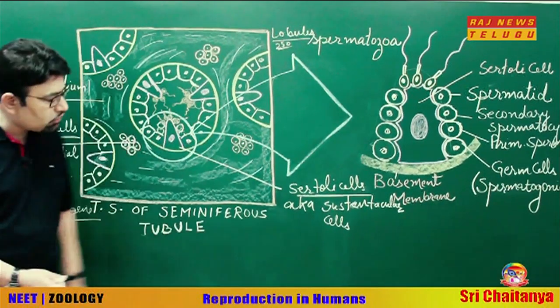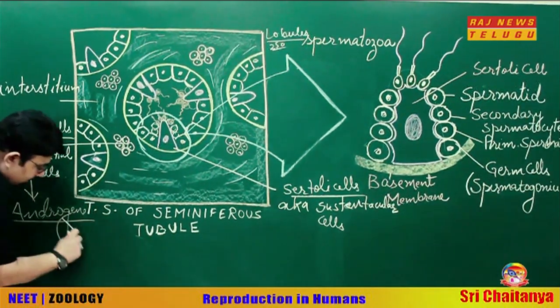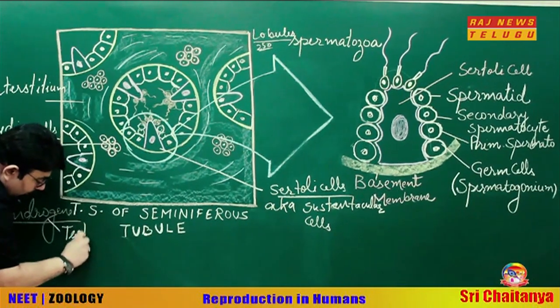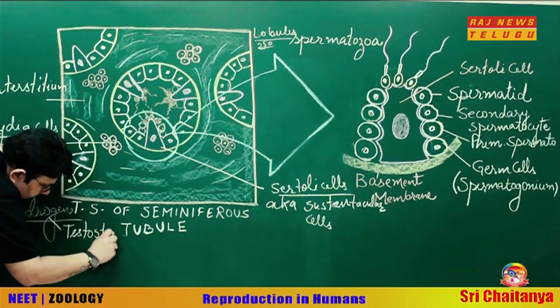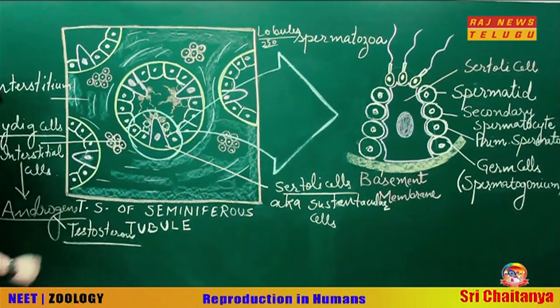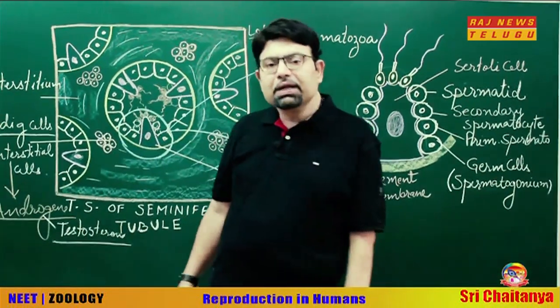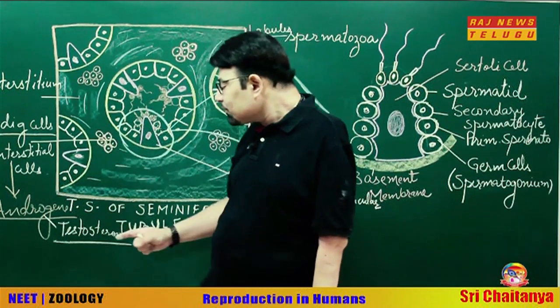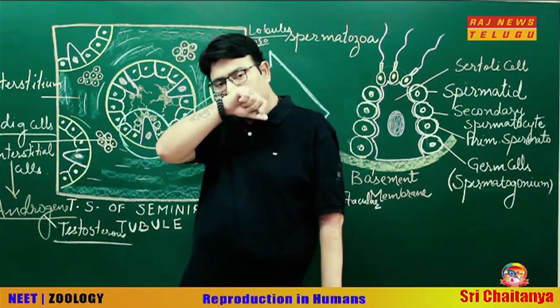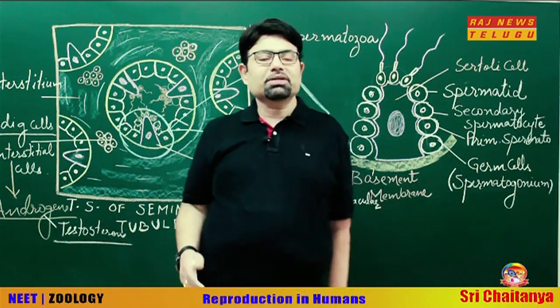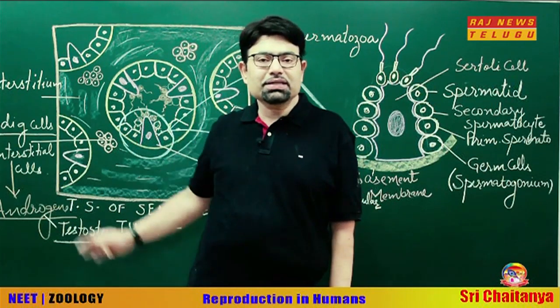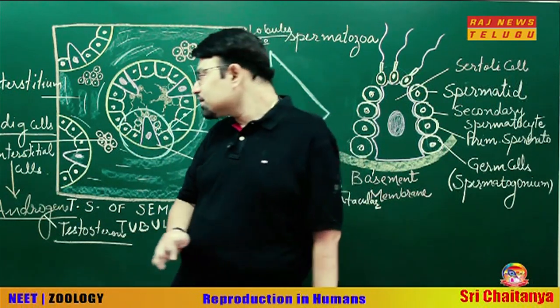The main androgen in male humans is testosterone. So we can also say they produce testosterone, but ideally we should say they produce androgens, the male sex hormones. These androgens are steroidal hormones.